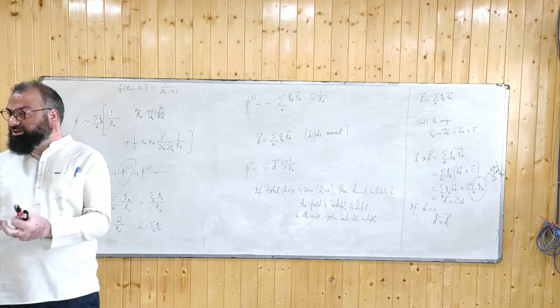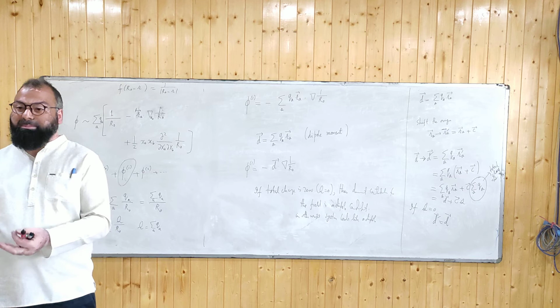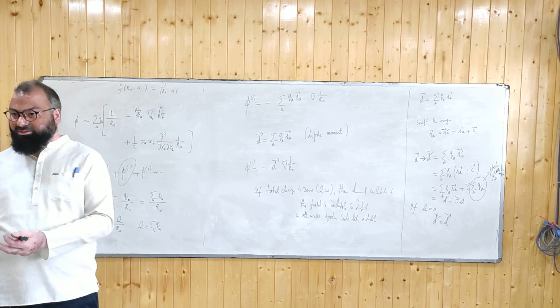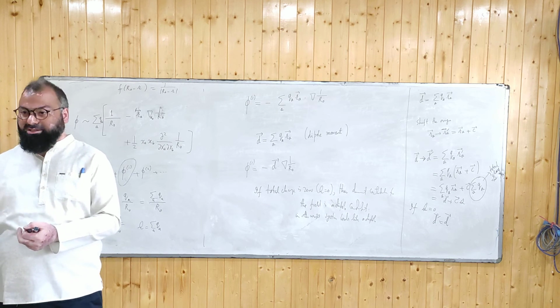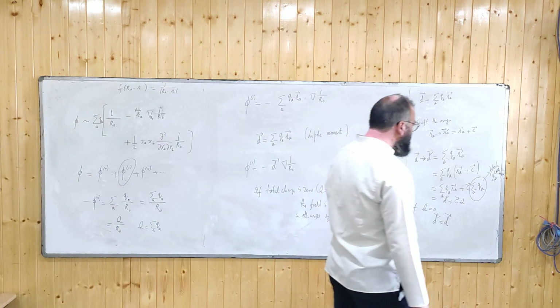But the total charge is not equal to 0. In that case, the dipole moment will depend on how you choose the origin, the given coordinate system. So it will change by some constant. Got it? Okay.